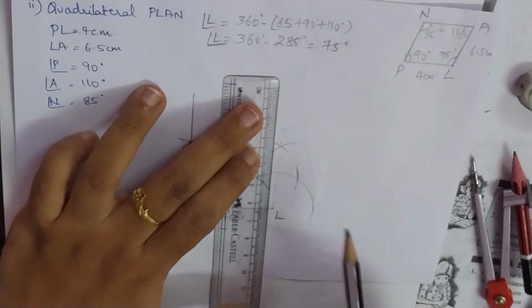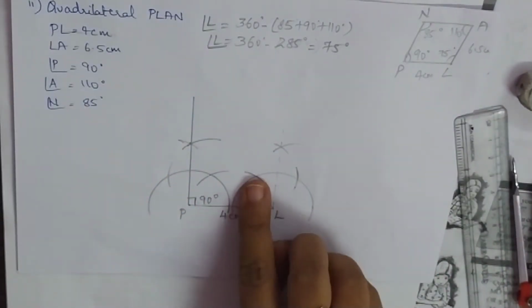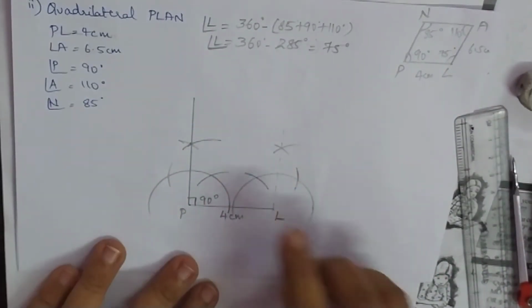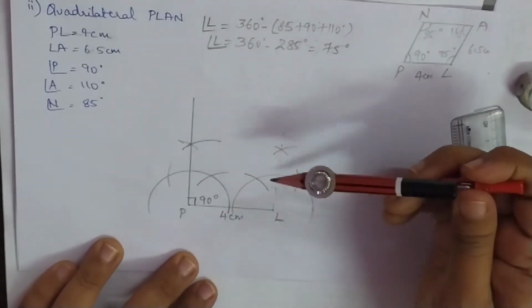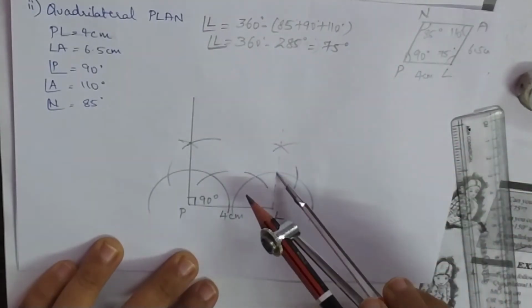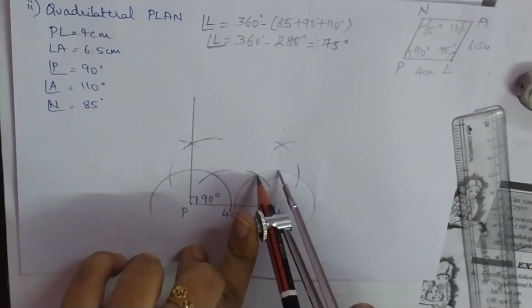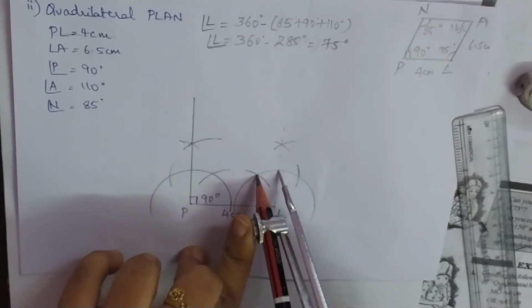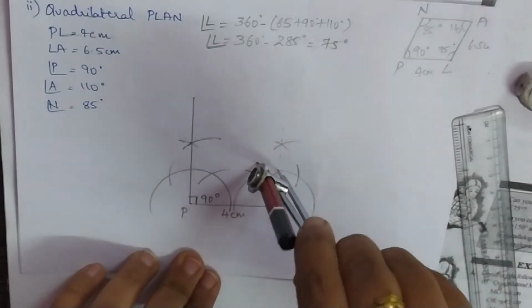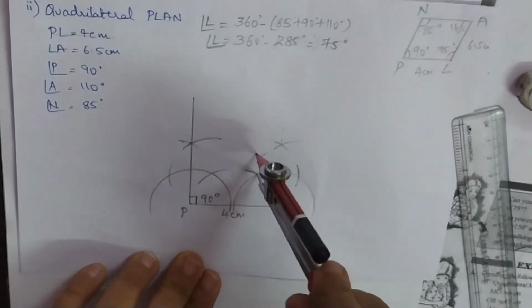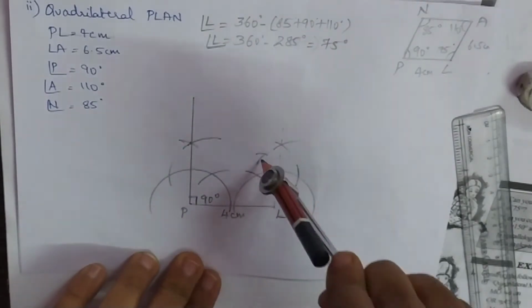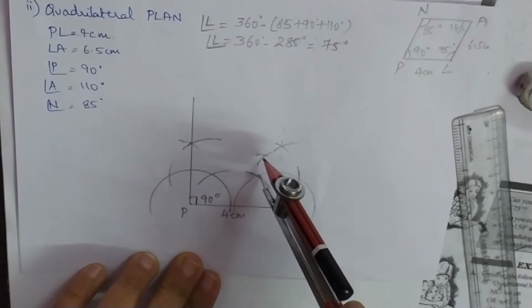How will we draw 75 degrees? The first arc is 60 degrees. Between 60 and 90 degrees lies 75 degrees. So we are going to take the measurement from here to here, this arc. So close your compass and take the measurement exactly between these 2 points. And now draw an arc from here and draw one arc from here.